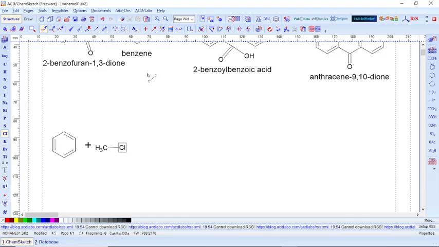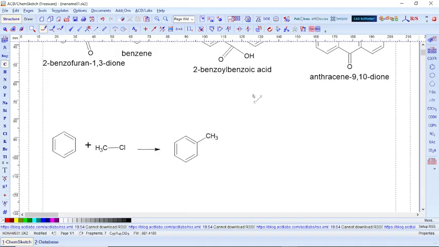So if I have this and I am producing, I want to see if, when I have two products with two reactants, it will be able to interpret for me. So this will produce methylbenzene.